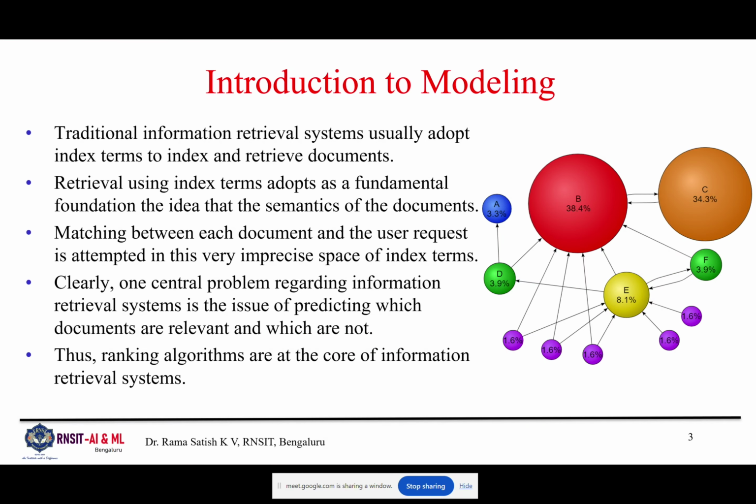Taking on to the modeling, what exactly is modeling? The traditional information retrieval systems usually adopt index terms to index and retrieve documents. Indexing is a very important concept in the retrieval process.